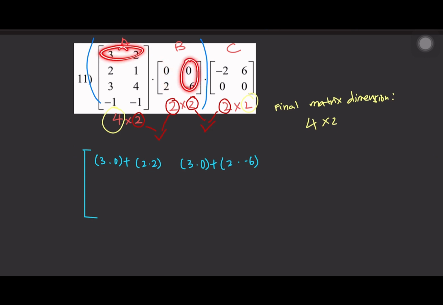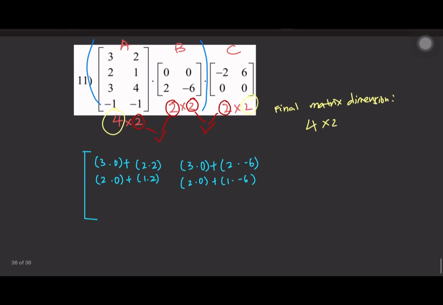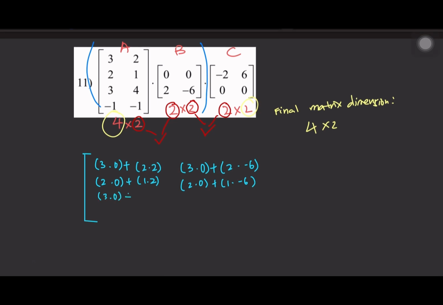Now, moving on. 2 times 0 plus 1 times 2. 2 times 0 plus 1 times negative 6. 3 times 0 plus 4 times 2. 3 times 0 plus 4 multiplied by negative 6. Negative 1 times 0 plus negative 1 multiplied by 2. Negative 1 times 0 plus negative 1 multiplied by negative 6. And there we get the first part.